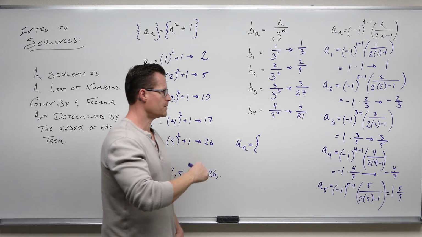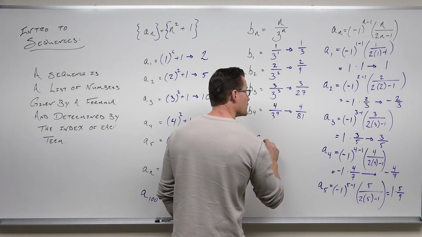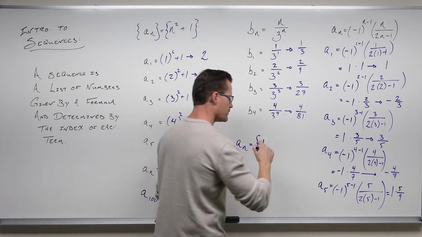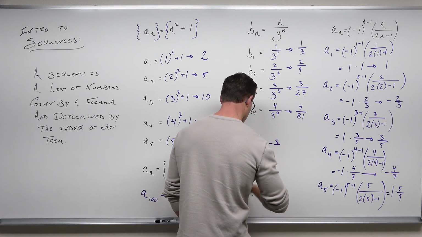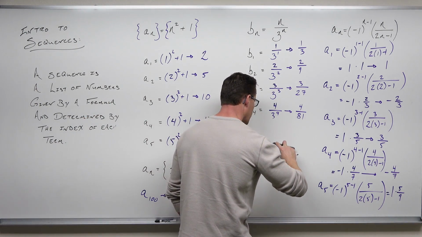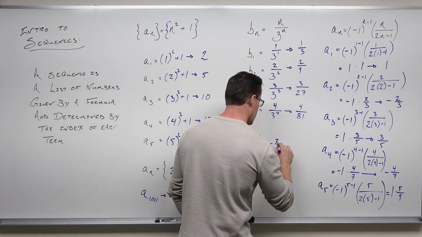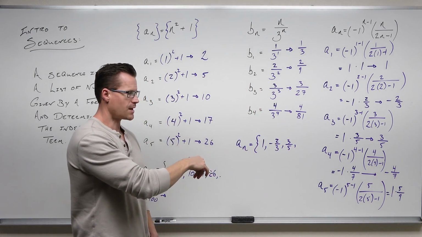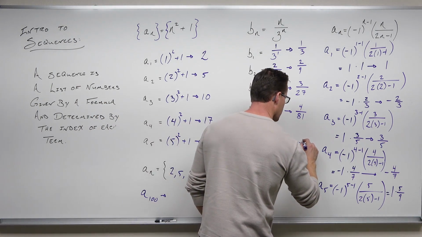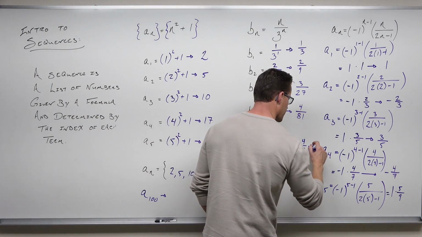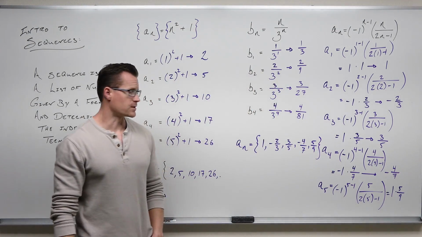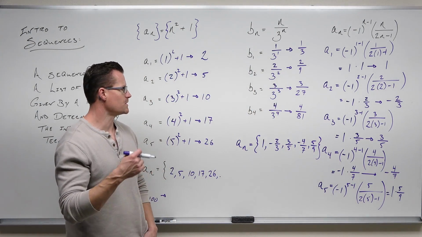We've got 1. Then negative 2/3, positive 3/5, negative 4/7, and positive 5/9. So if we're asked to just find the first 5 terms, we've done it.